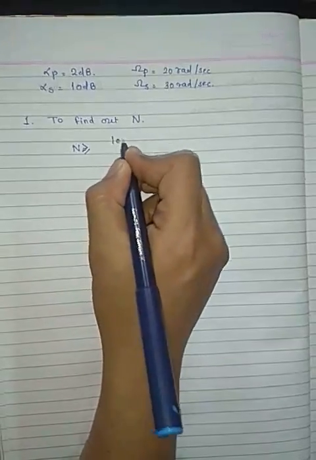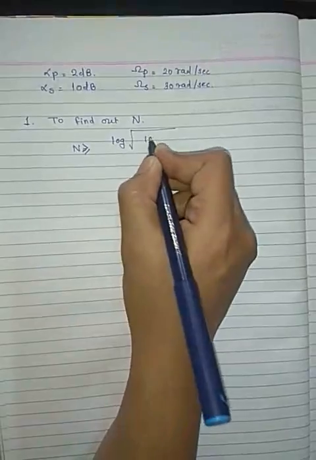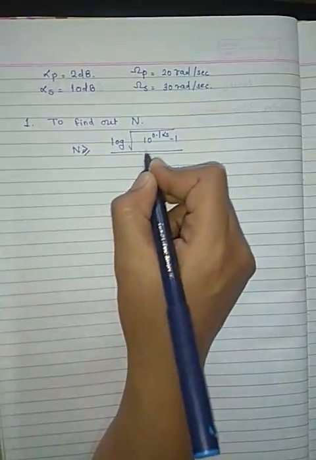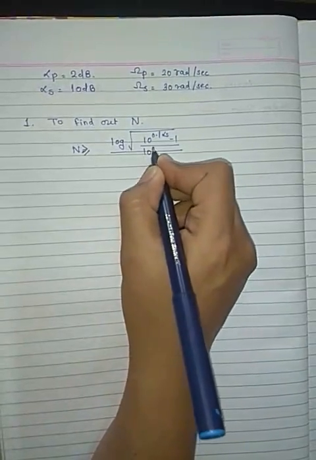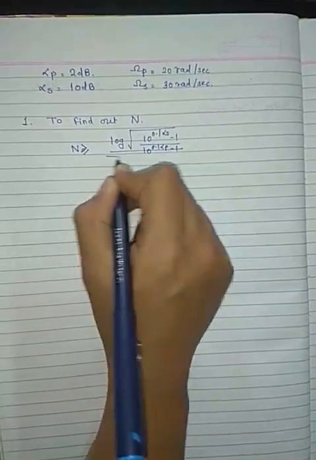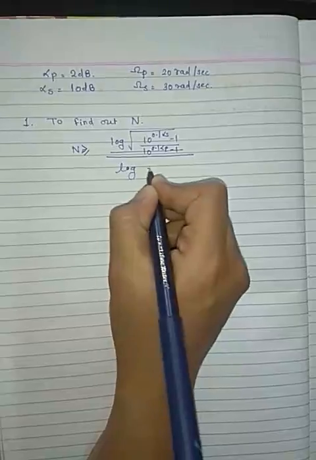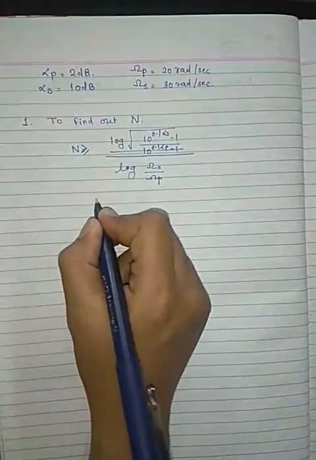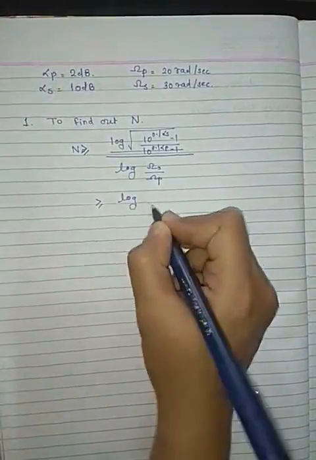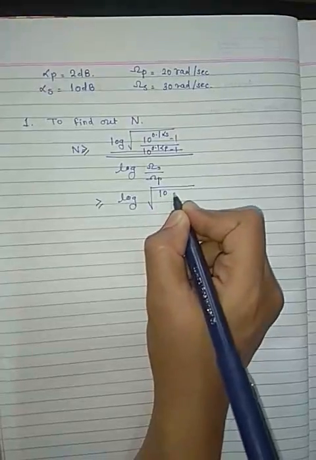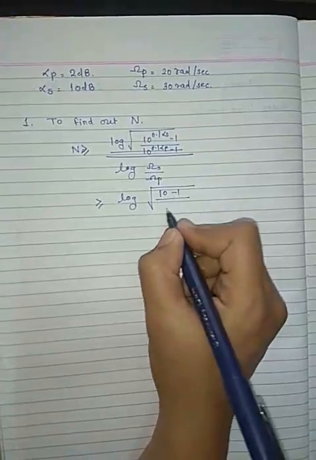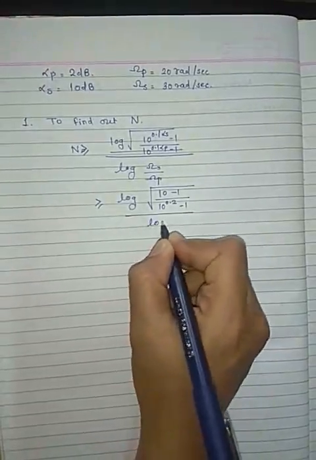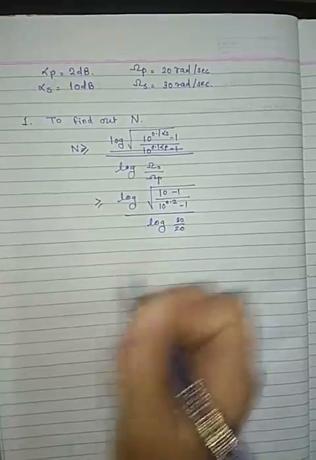N is equivalent to log of square root of (10 raised to 0.1 alpha S minus 1) divided by (10 raised to 0.1 alpha P minus 1), the whole divided by log of Ohm S divided by Ohm P. Replacing the values, we have log of square root of (10 minus 1) divided by (10 raised to 0.2 minus 1), the whole divided by log of 30 divided by 20.